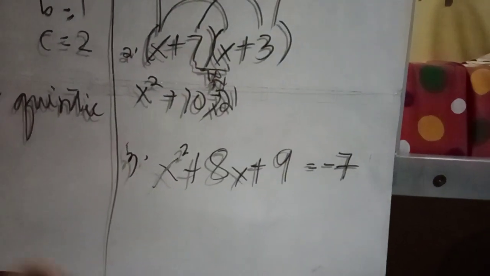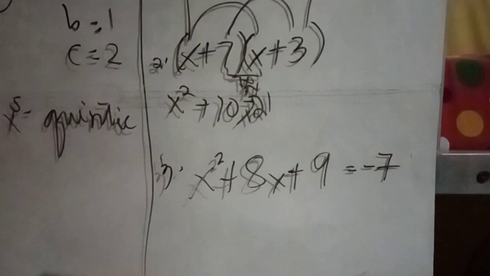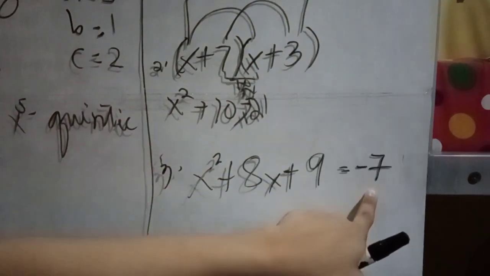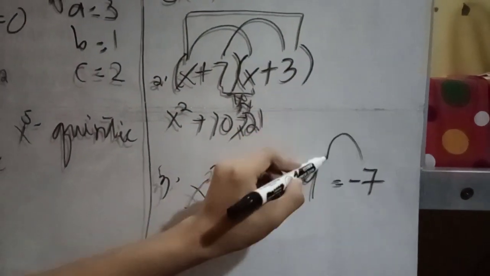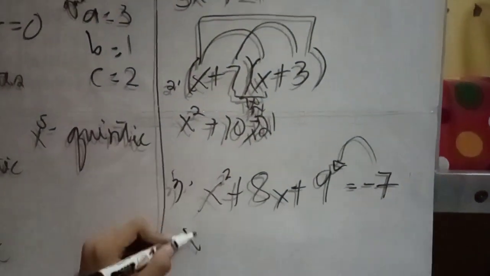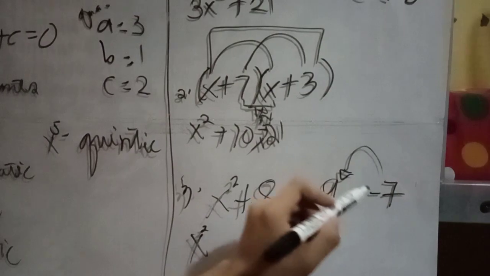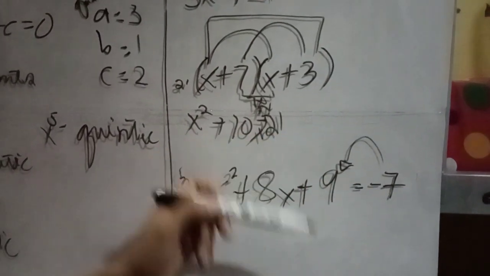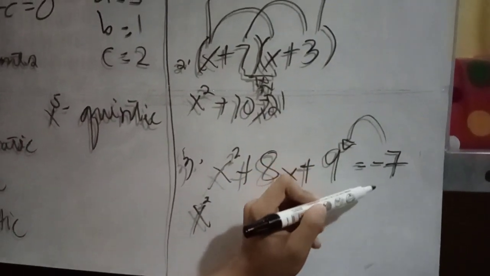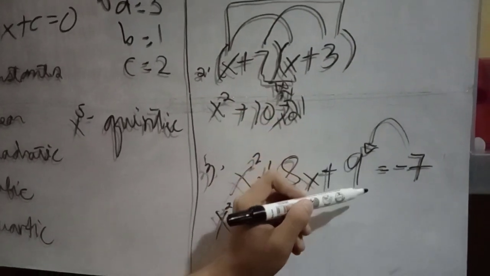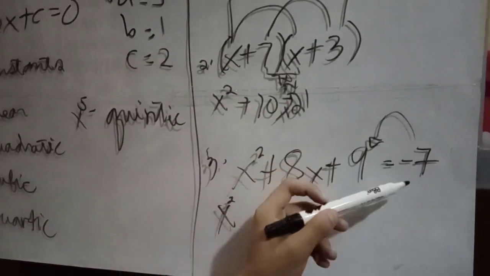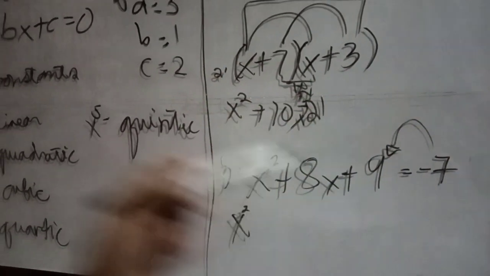But, like I said, a quadratic equation must be equal to 0. How about this one? It is equal to negative 7. So now, transpose negative 7 to positive 7. Reminder, if this is negative, when we transpose it, it becomes positive. Vice versa, if this is positive, it becomes negative when you transpose it.